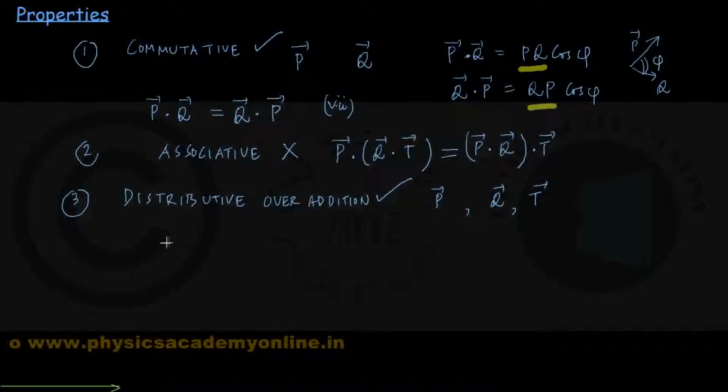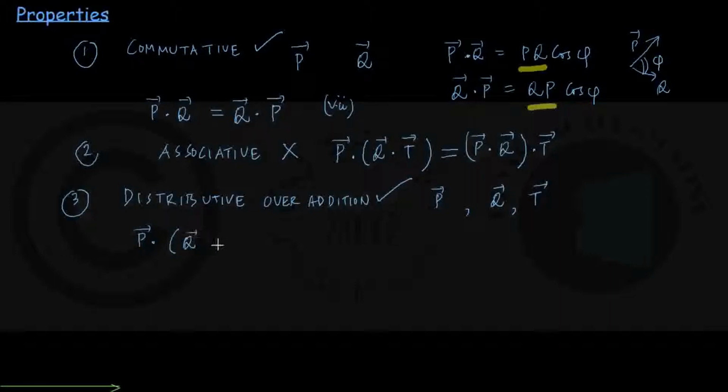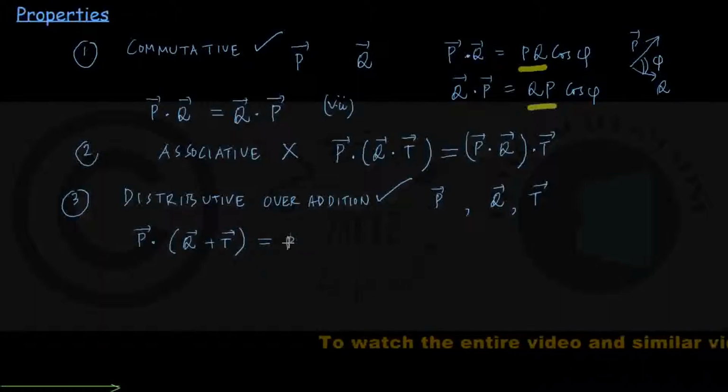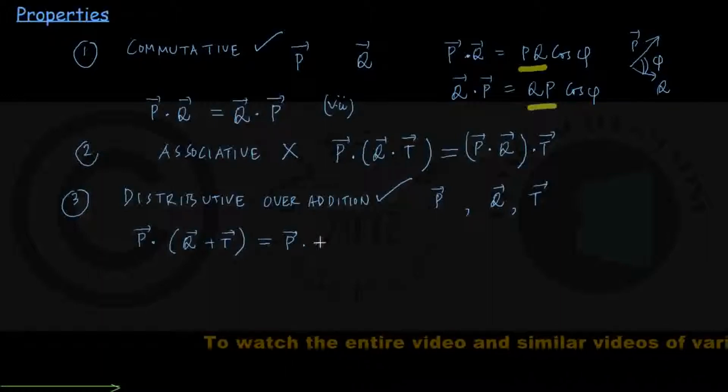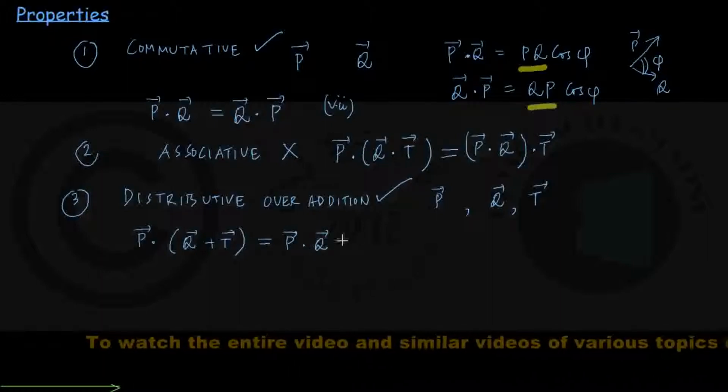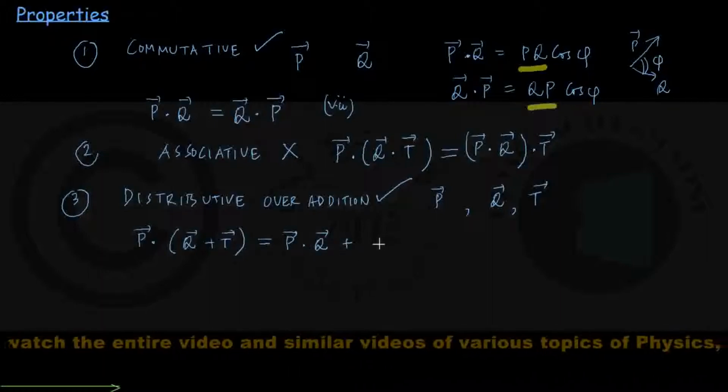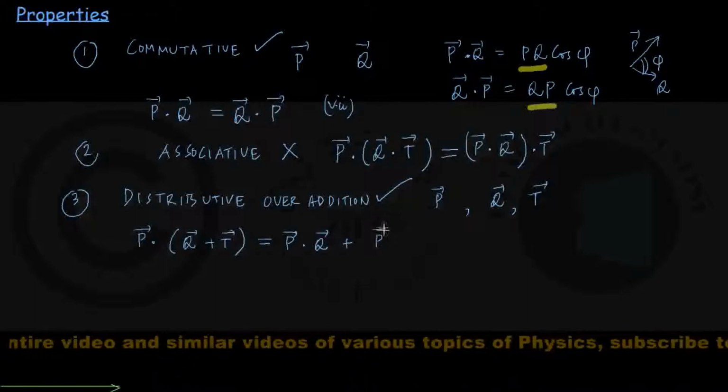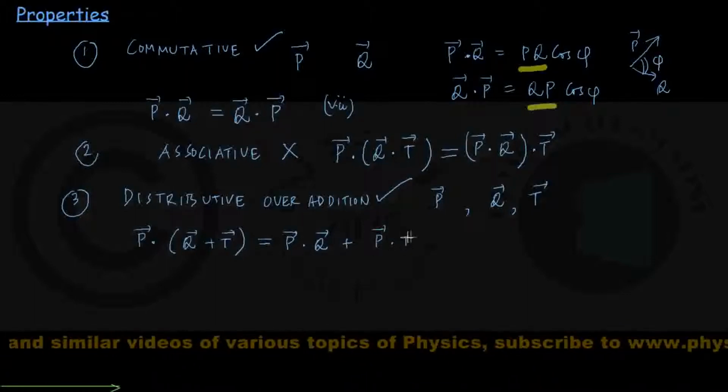It means that the vector P dot inside bracket Q plus T, the vector sum Q plus T in bracket, if you open the bracket, this must be shown to be P vector dot Q vector and then plus P vector dot T vector.